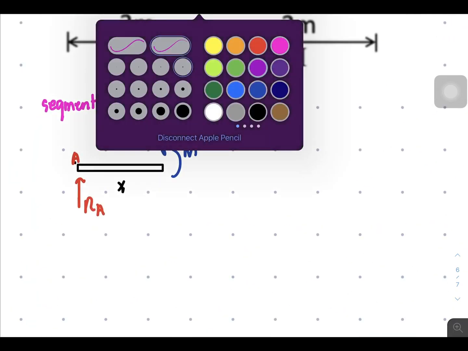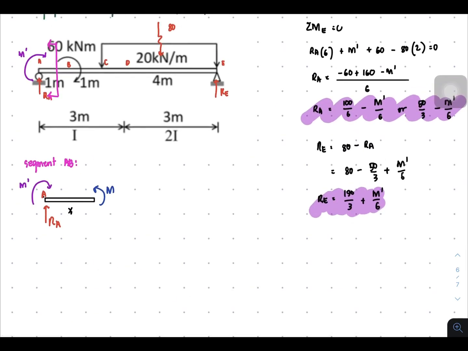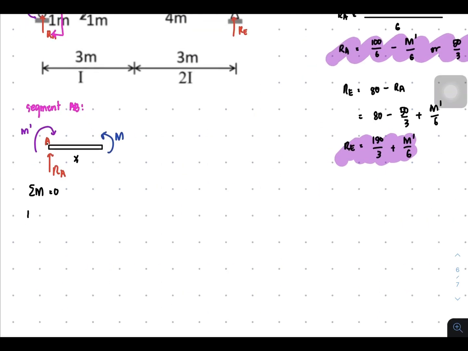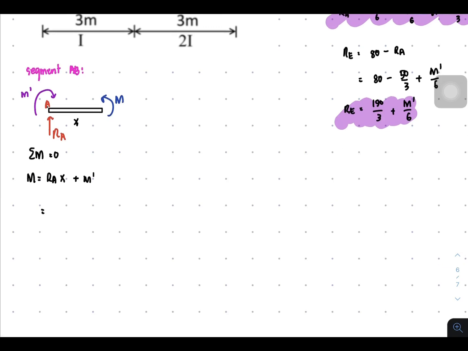Basically, what we will put there is the m prime. So that is our m prime, and we have the same output for m. So summation of moment m equal to 0 at the point of cutting. You will have m equal to RA times x plus m prime.